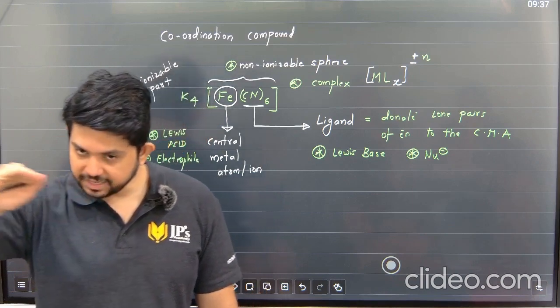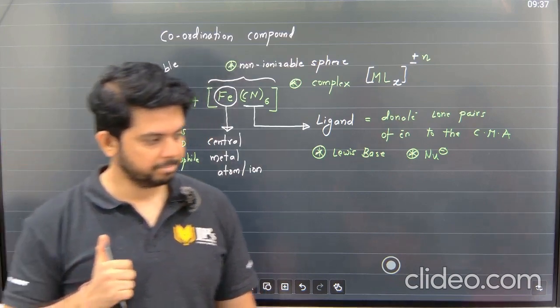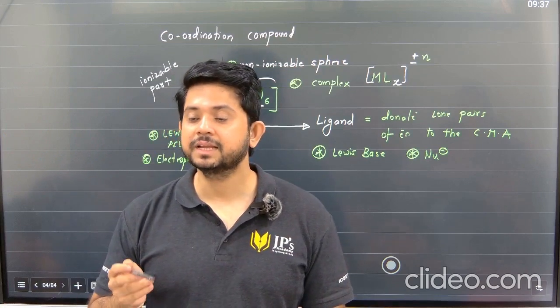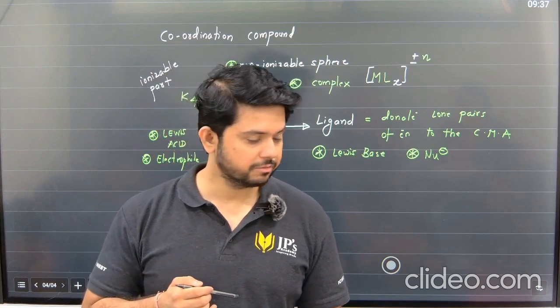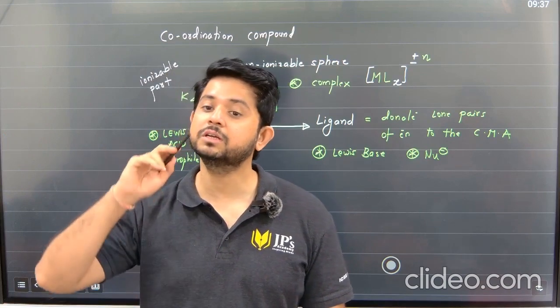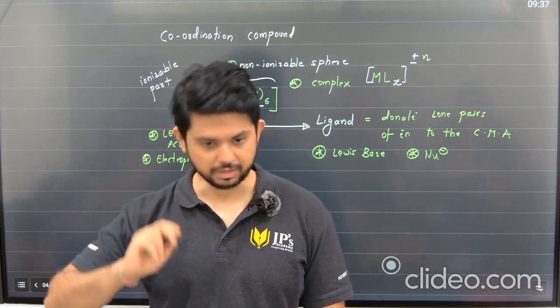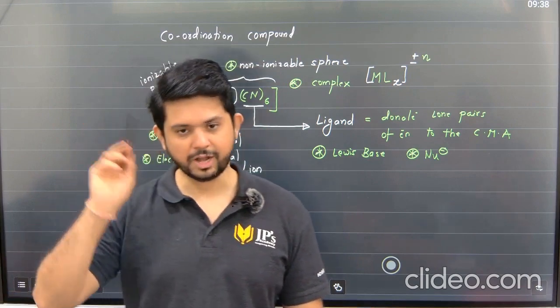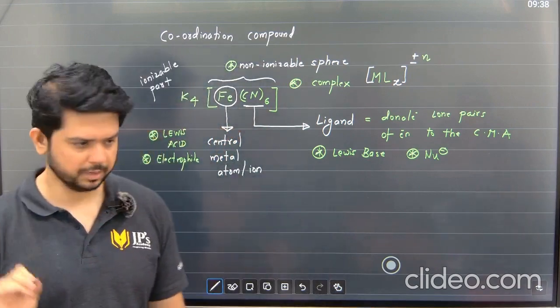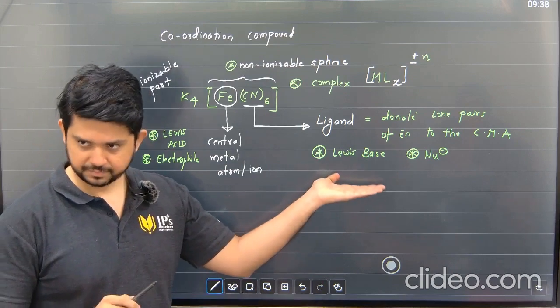So all the 3d elements would try to reach krypton. Going below, the 4d elements would try to reach xenon, which is 54. We will study this in effective atomic number, but you should understand it, okay?